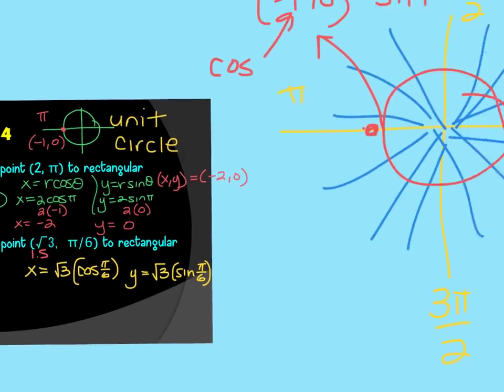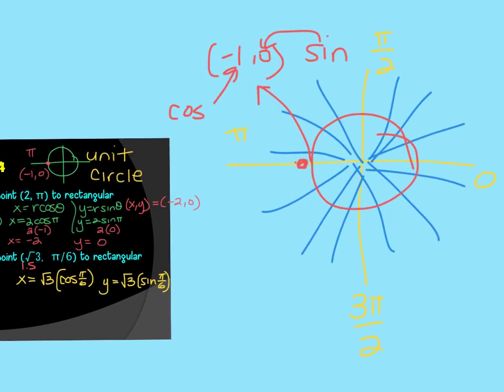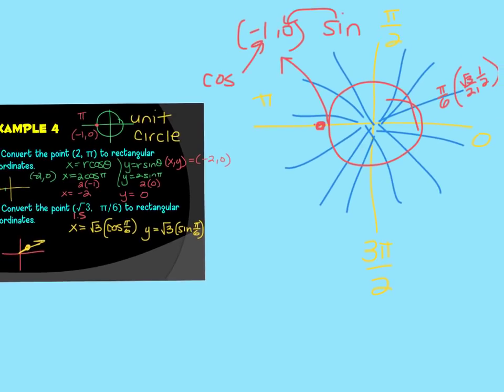So again, if you use your unit circle, this sloppy one over here, my pi over 6 is root 3 over 2 and 1/2, which you have to know for this week's test and next week's test. So root 3 would get multiplied by the cosine there, which is root 3 over 2. And I get root 3 times root 3, which is 3, over 2. And the root 3 would get multiplied by the sine of pi over 6, which is 1/2.